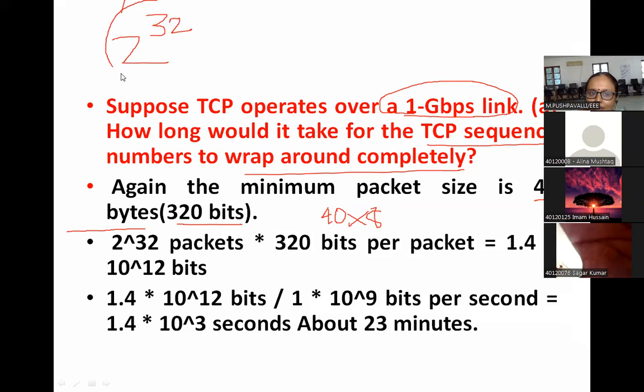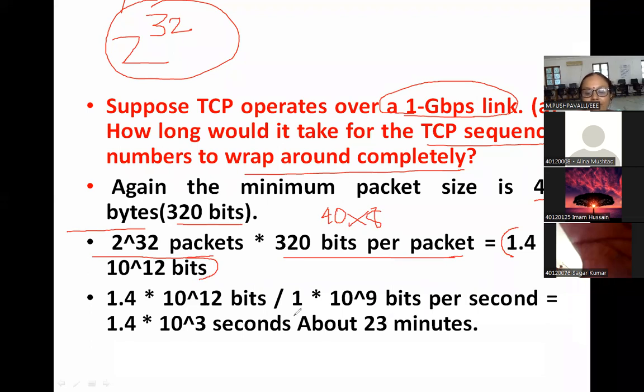While you go and check in your TCP header, there you have the sequence number bits. So 2 power 32 into 320 bits per packet. So I will get how many bits now? 1.4 into 10 power 12 bits.